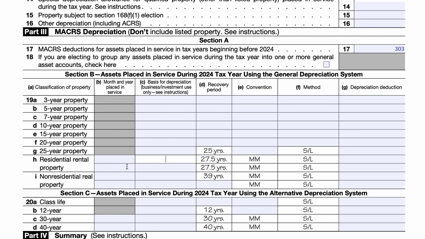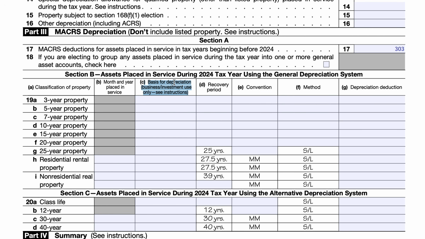So hopefully this helps give a little bit of guidance on how you would report depreciation for a single residential rental property. First, determine your basis, and remember you're going to have to calculate probably offline how much of your basis is attributable to the improved value, the building that can actually be depreciated versus the land that cannot be.